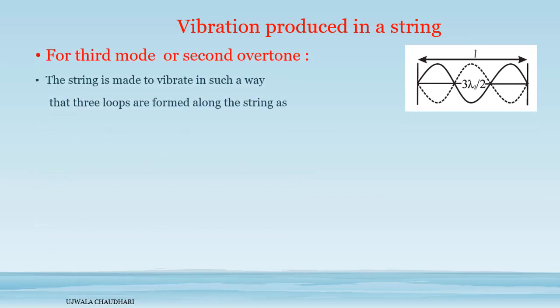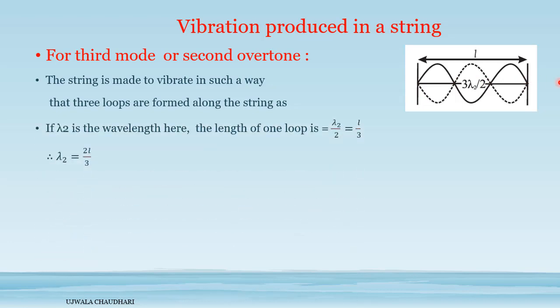For the third mode of vibration, the string is made to vibrate in such a way that three loops are formed in the string, and the length of the string will be 3 lambda 2 by 2. Here 1, 2, 3 antinodes and 1, 2, 3, 4 nodes will be formed. If lambda 2 is the wavelength, the length of the loop, lambda 2 by 2, is equal to L by 3.